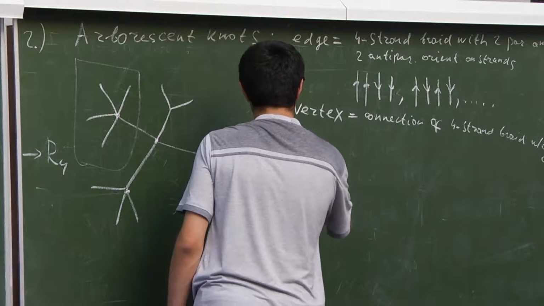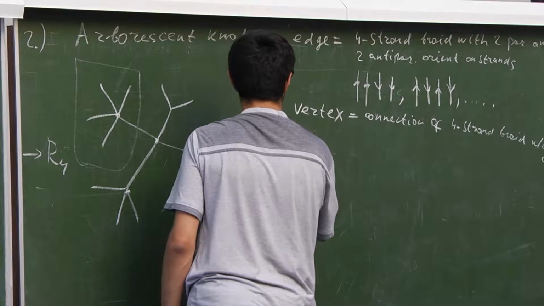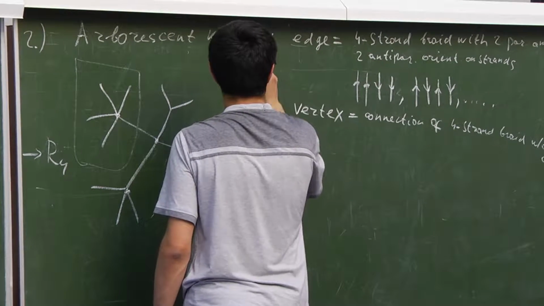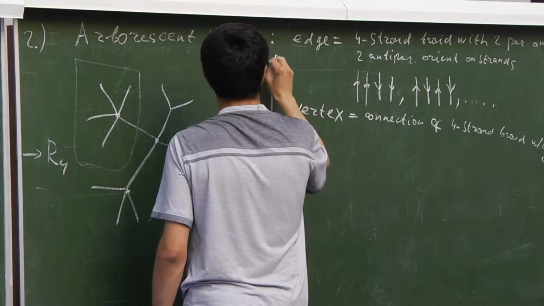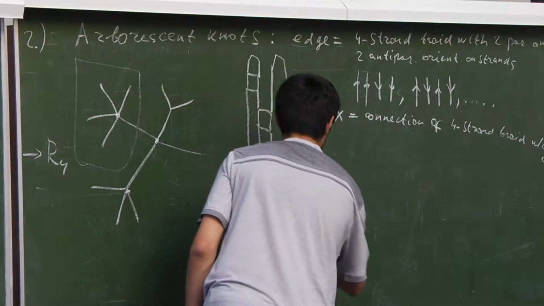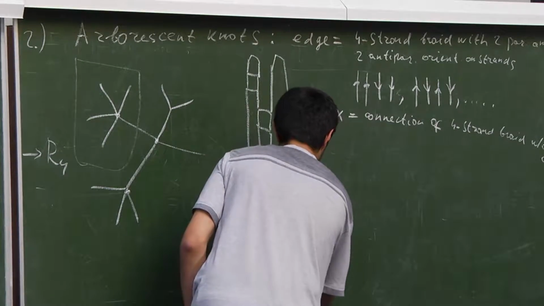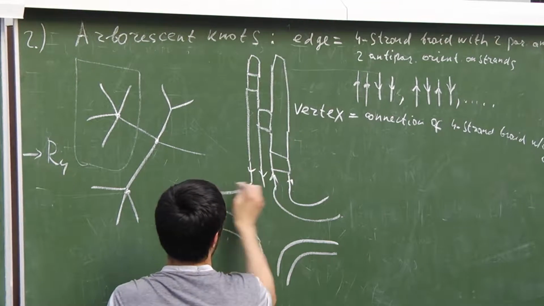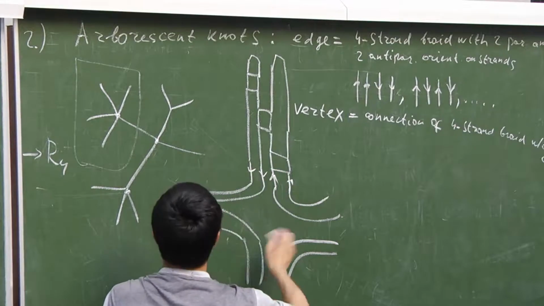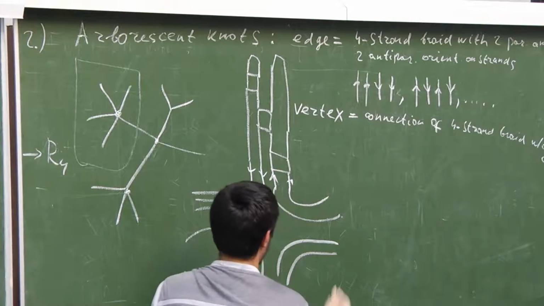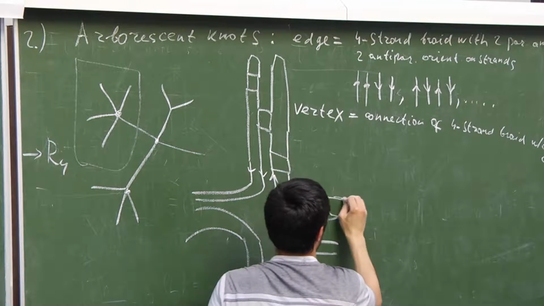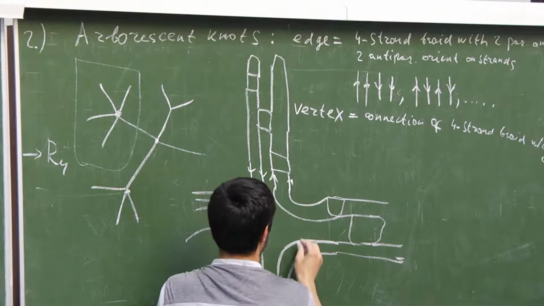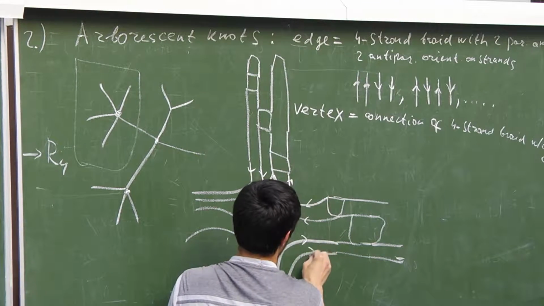And then I can have any crossings between adjacent strands. So this is my vertex, this part. And here I can have any crossings, and so on.